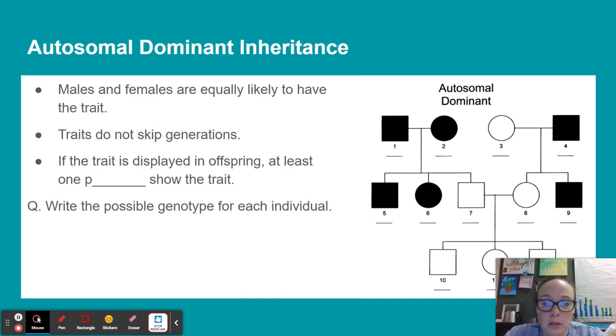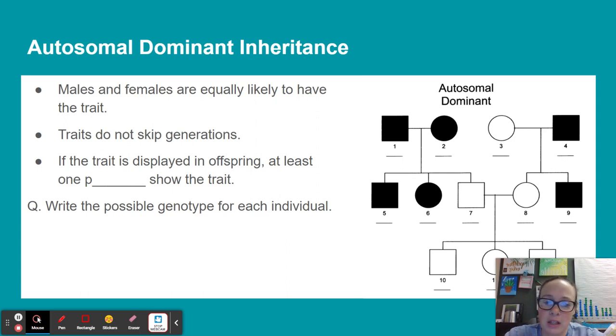This is really important. Whenever I'm figuring out pedigrees, I always start with the group of recessive traits, whether they're the shaded group or the unshaded group, because there is only one combination of alleles that gives me the recessive trait, and that would be two recessive alleles.